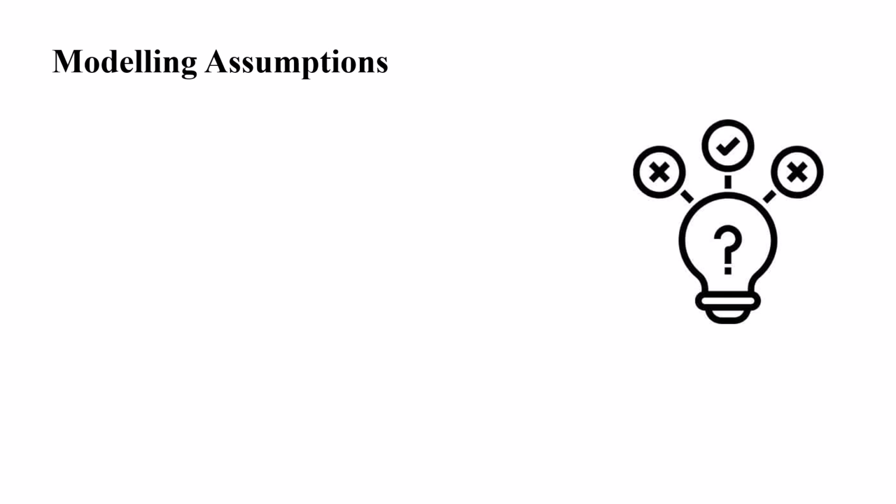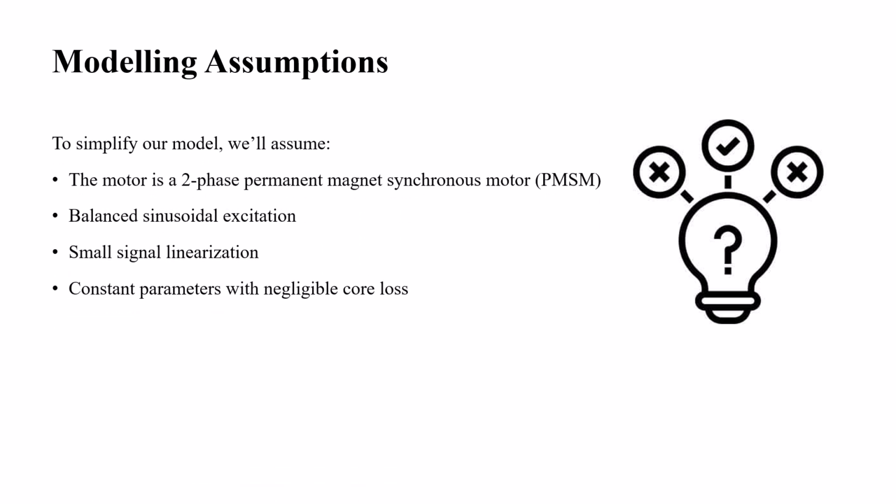And the next is the modeling assumptions. As we already know, whenever we design a transfer function of any motor or any electrical equipment, we make some assumptions to understand and get the mathematical equations very easily. So first, the motor we are going to consider is a two-phase permanent magnet synchronous motor.